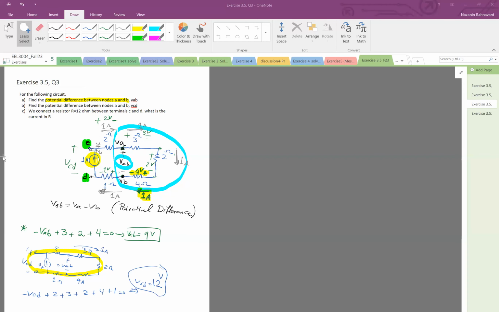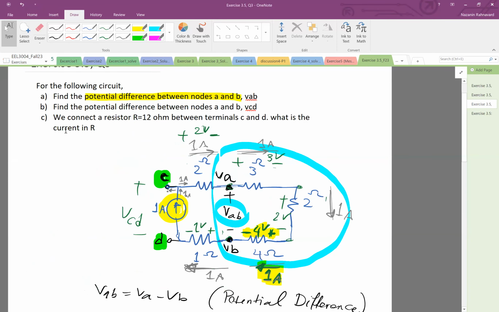Now there is another part, part C, that says now we connect a resistor R equal to 12 ohm between terminals C and D. Now, what is the current in that resistor?